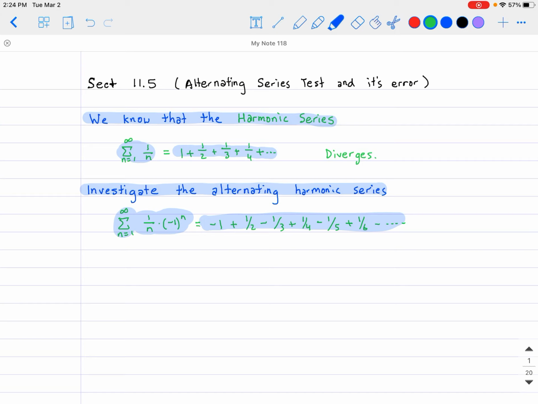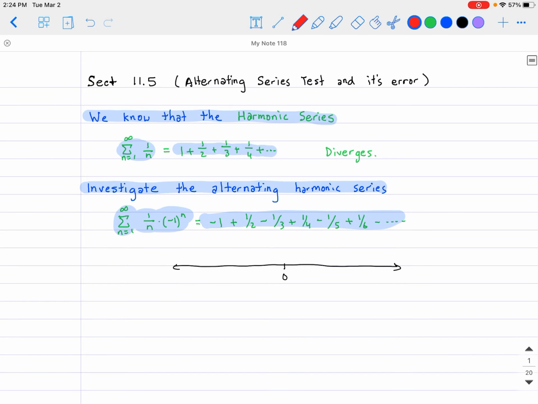Geometrically, let me draw a number line over here. Here in the middle, I'm going to put 0. For the first term, s of 1, we add -1, so over here is -1, and that is s of 1.